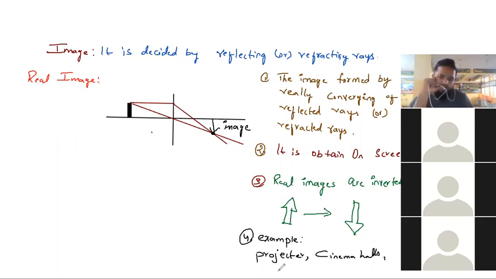Or we can say cameras, etc. Is the real image clear to everyone, students? This is a very important concept, beta. Very good. So please copy these points of the real image.